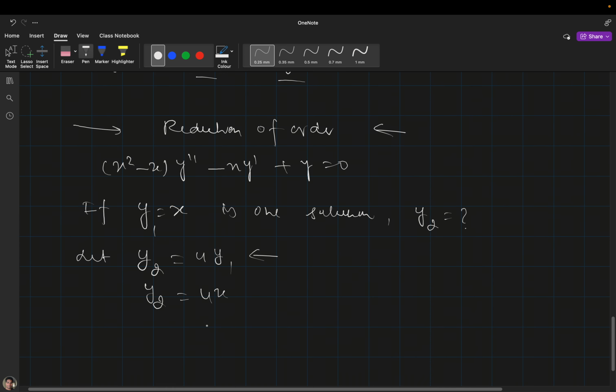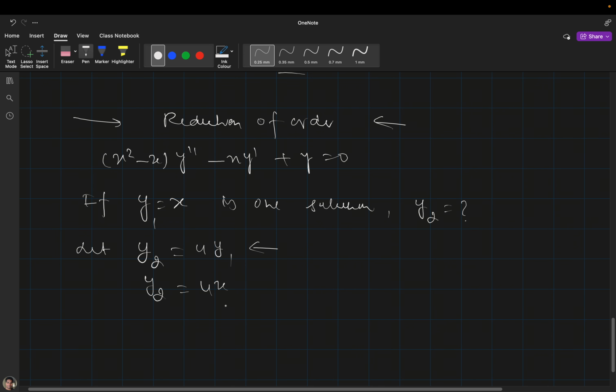I'm assuming that the second solution is u times x. Then I want to get y2. And you have to understand here that these two solutions y1 and y2 always have to be linearly independent.